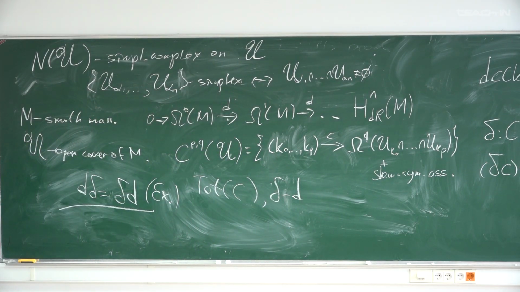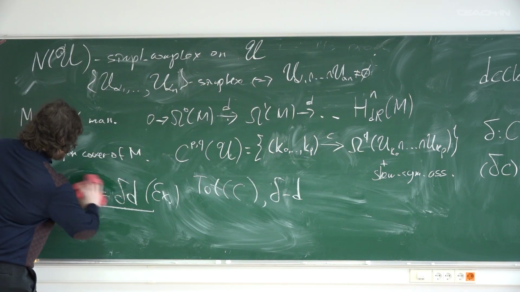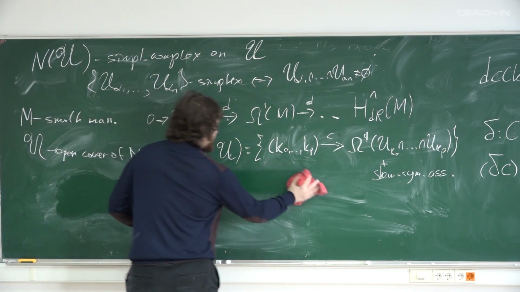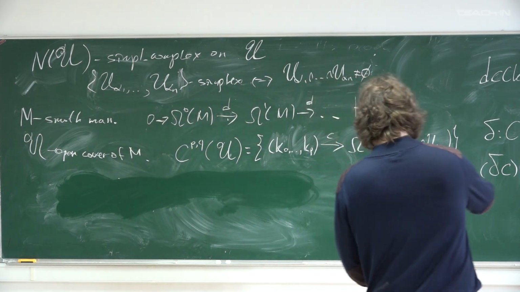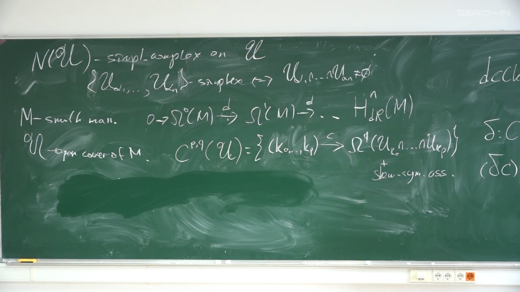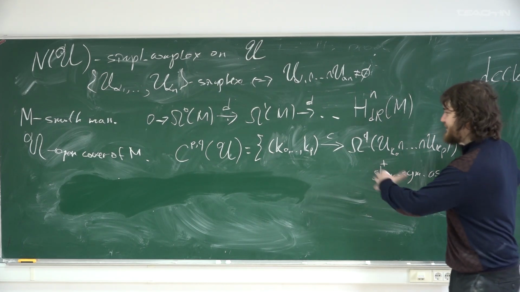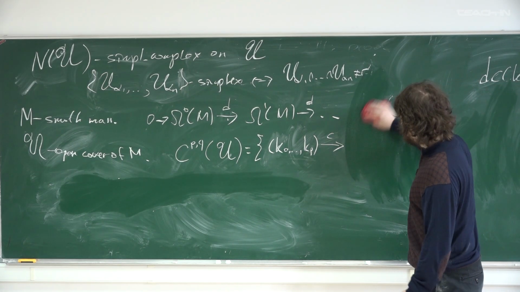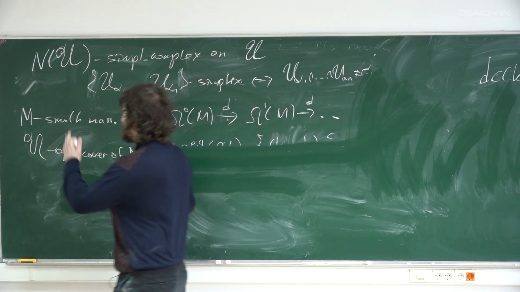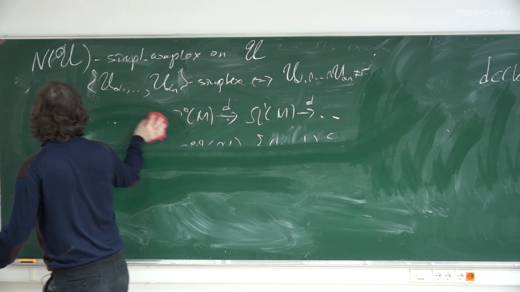Okay, I have a bicomplex. So I want to consider its spectral sequences, two spectral sequences. Maybe yes, I want to say that in fact this bicomplex, this total complex, has almost exact rows and columns.